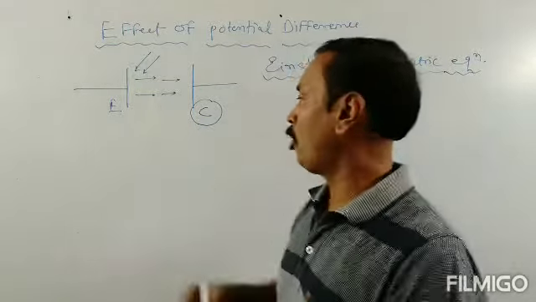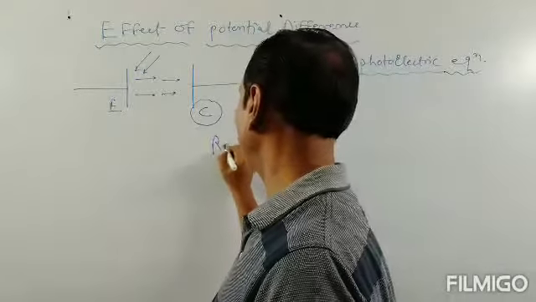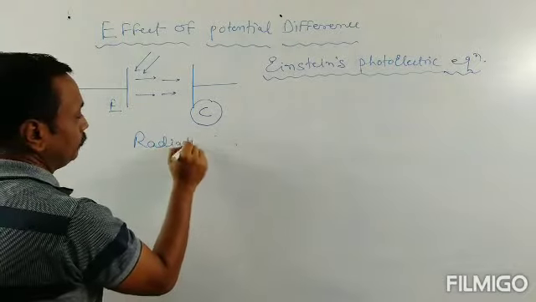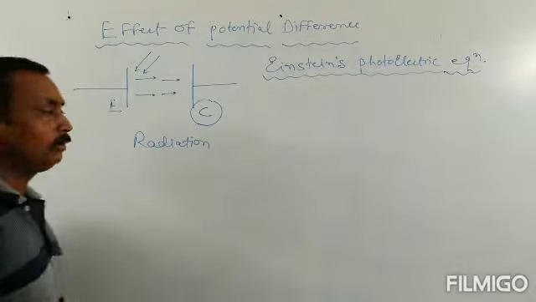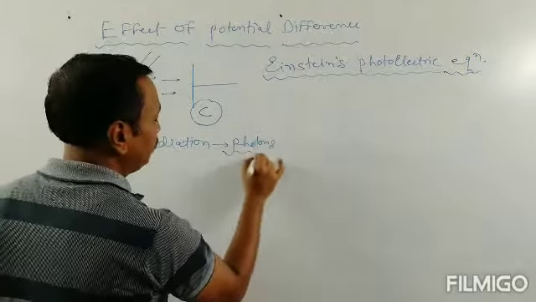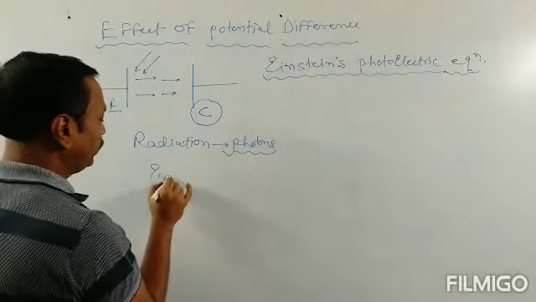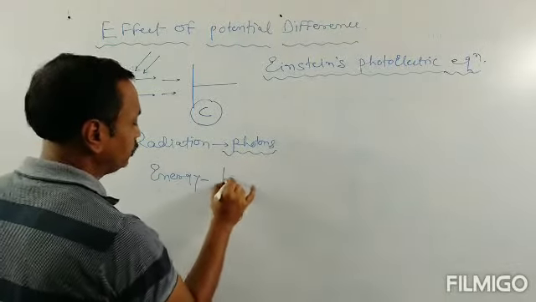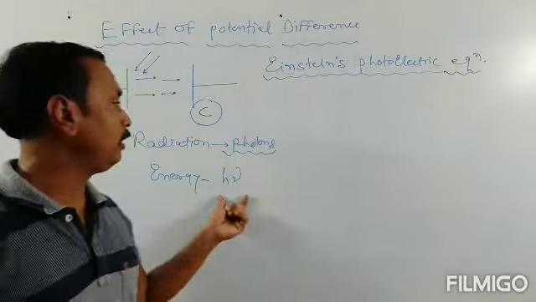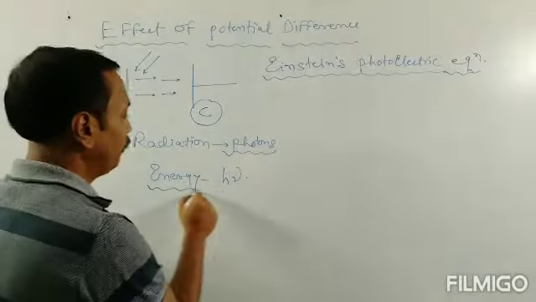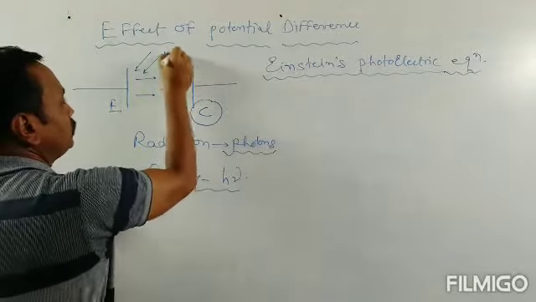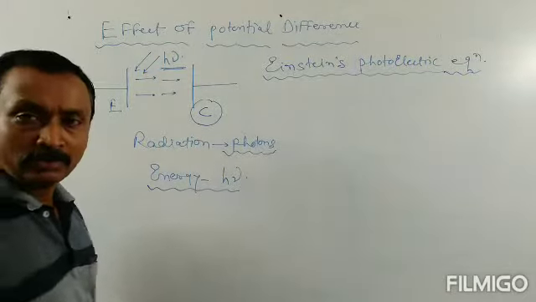This radiation includes photons, and the photons have energy equal to h nu. According to Planck's quantum theory, the photon has energy equal to h nu.